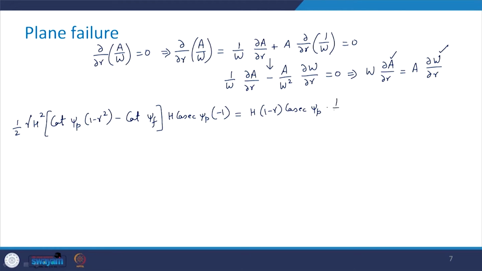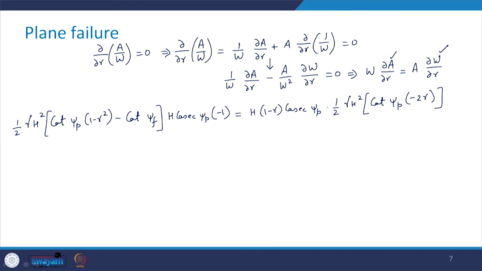So, this is going to be half gamma h square and we will get cot of psi p as it is and 1 minus r square, and its differentiation is going to be minus 2r. This is the expression that we will get.